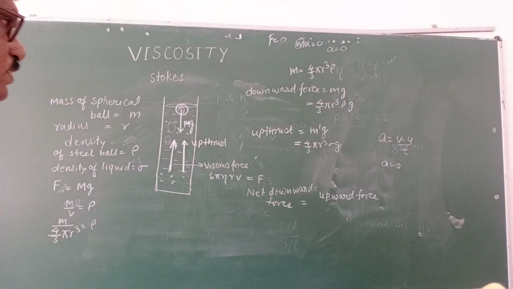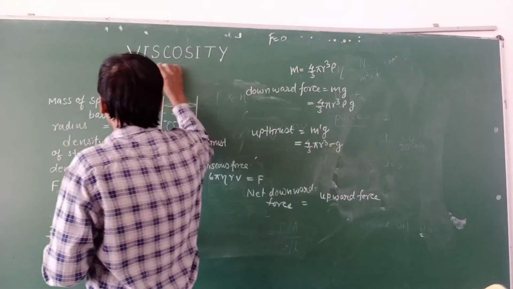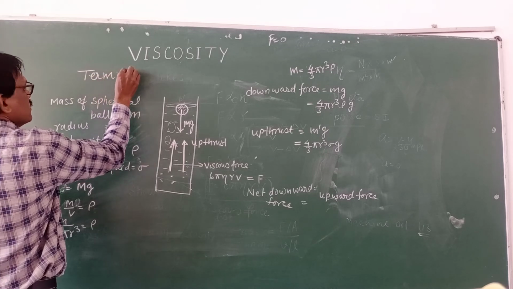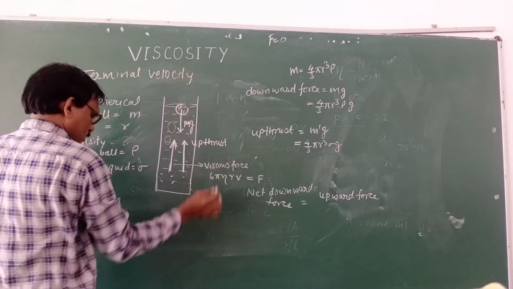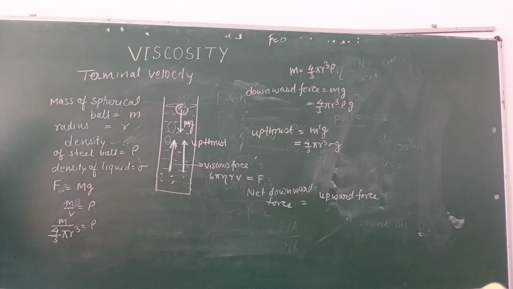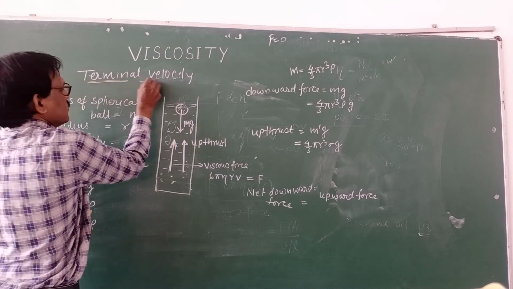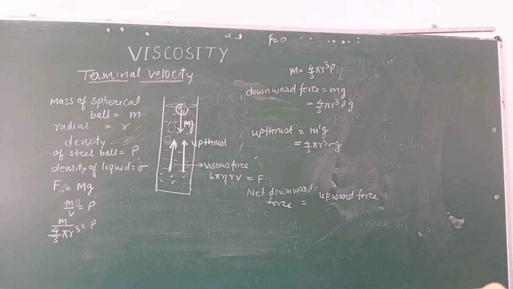And actually what we are discussing here is nothing but the terminal velocity. What is terminal velocity? Terminal velocity is the velocity acquired by the stone when it falls in a viscous liquid.